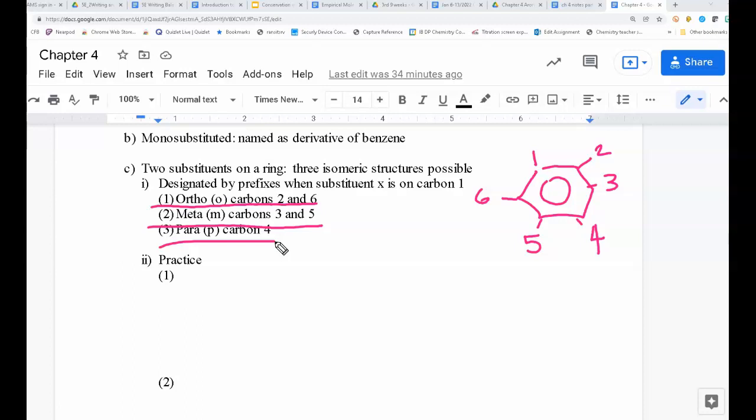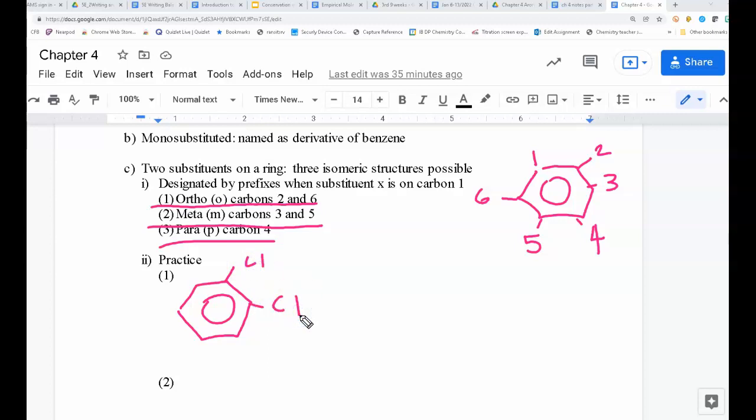Now, sometimes we name it with the word ortho as the beginning of the name, and sometimes we simply name it by the letter O or the letter M or the letter P. So we're going to try this out on our first one here. There's our benzene, and we're going to have a chlorine here and a chlorine here.